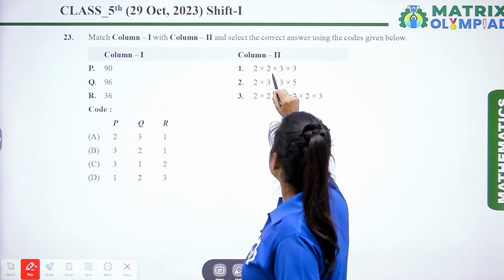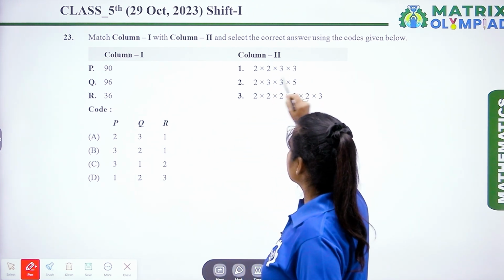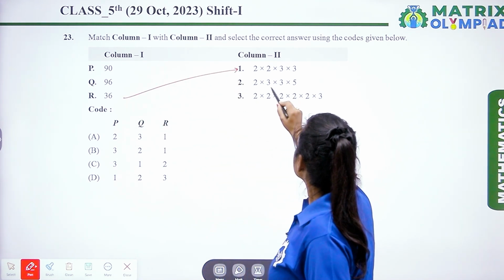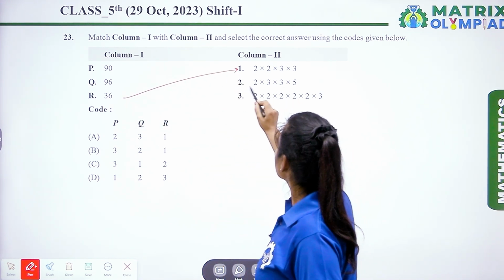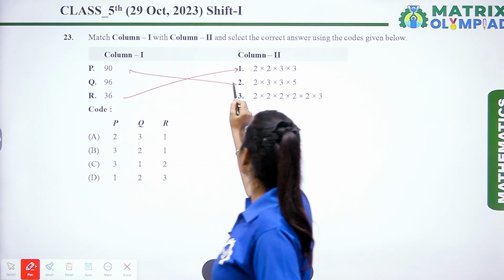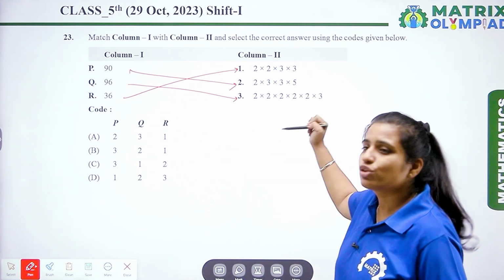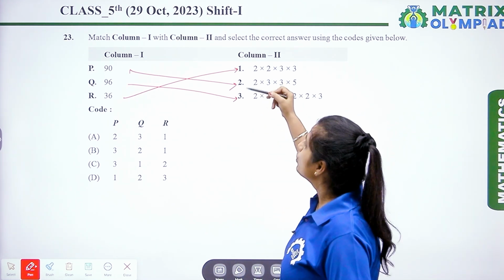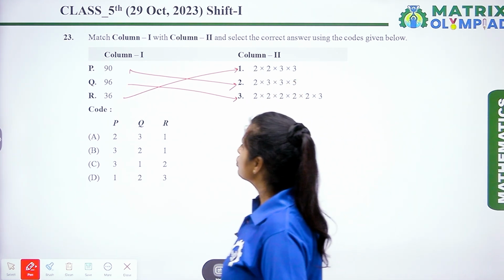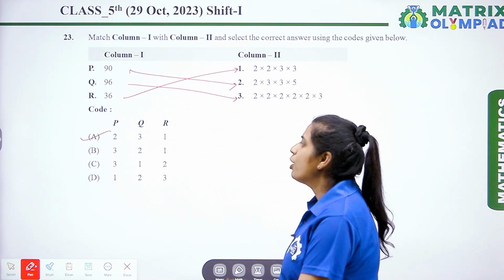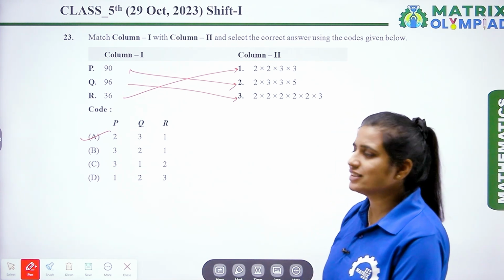Here it is 4 multiplied by 9 is 36. It means 36 is for 1, and this is for 90. Here 90 is for 2 and this last one is for 96. So the correct sequence is 2, 3, 1. So 2, 3, 1 is in option A. So option A is the correct answer.